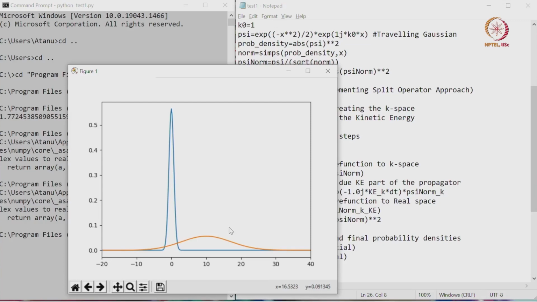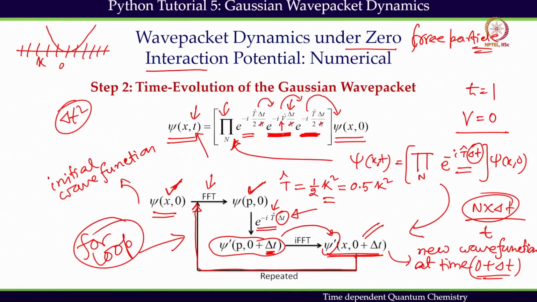So we will move to the slides now, and we will see that this entire protocol has been implemented through this split operator approach.